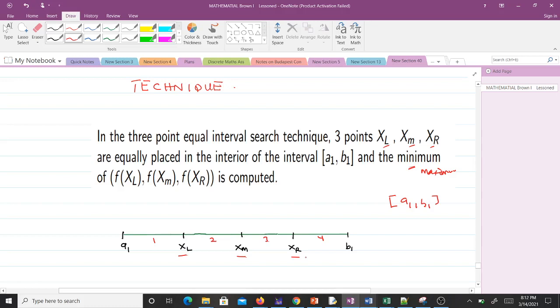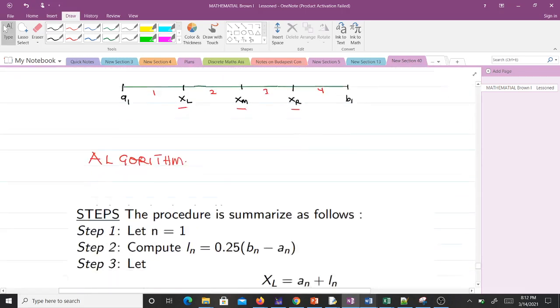So this is what the 3-point equal interval search technique does. With this interval, we will do some computations and we will keep shrinking it until we get the best solution.